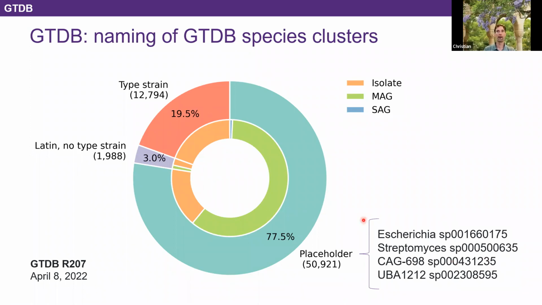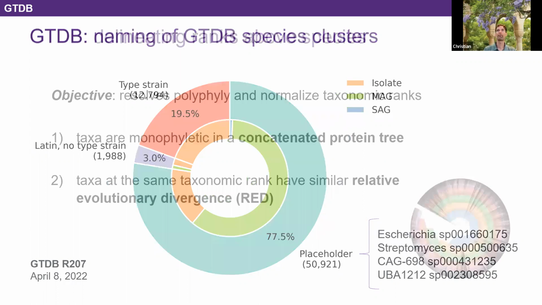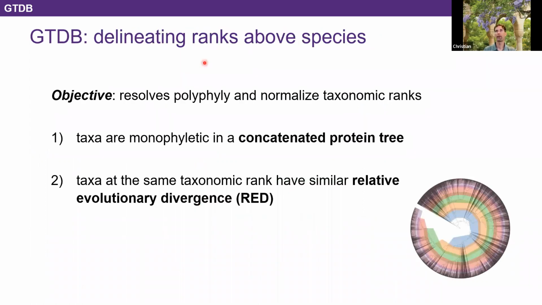Now, what about ranks above species? If you look at delineating ranks above species, the objective is to resolve the polyphyly, that's one of the main issues I showed you, and to also normalize the taxonomic ranks. For this, we base our analysis on concatenated protein trees.